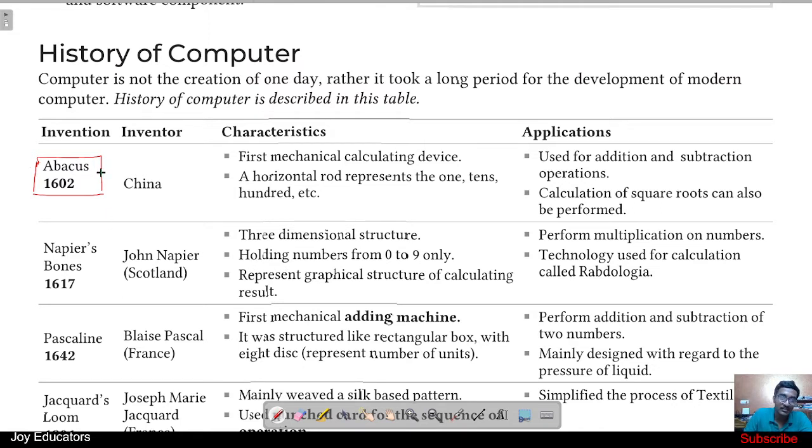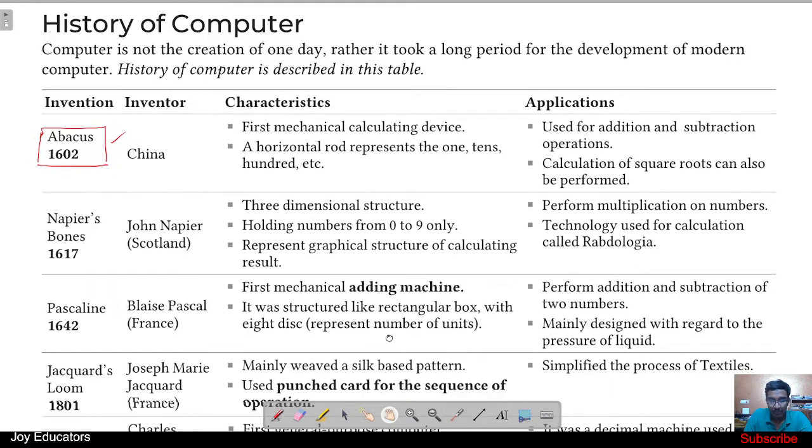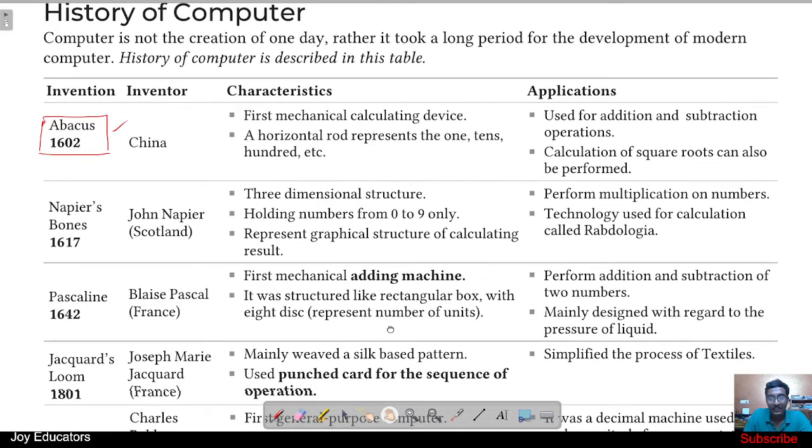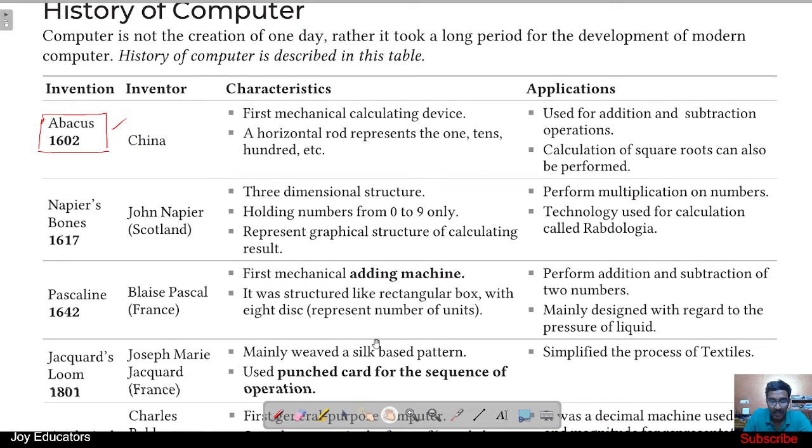This was done in 1602 in China, we don't know who did it. After that there is Napier's bones, which was done by John Napier. It is a 3D structure which could help in performing multiplication of numbers, whereas the abacus is only additions, subtractions and square roots.